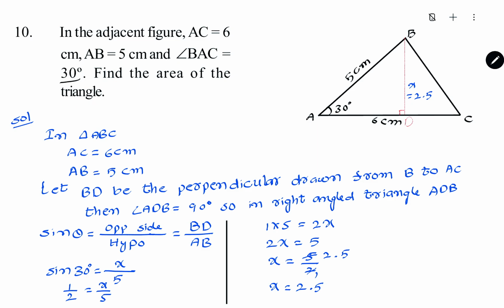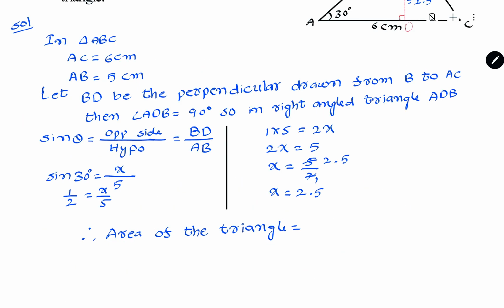Area of the triangle is 1 by 2 into base into height. We have base and height. Area of the triangle half into base B into H. Here base AC is first write 1 by 2.